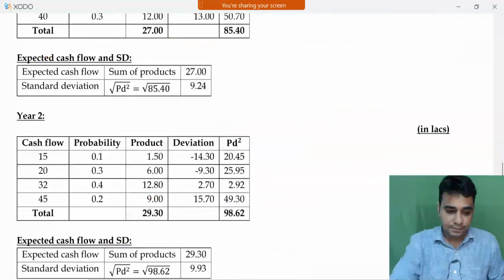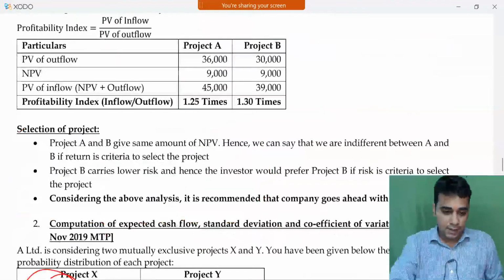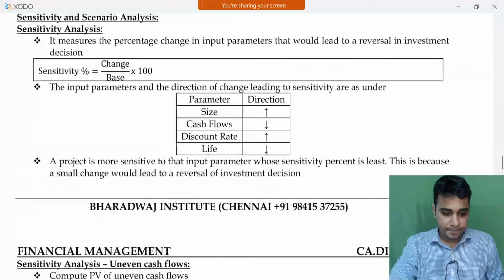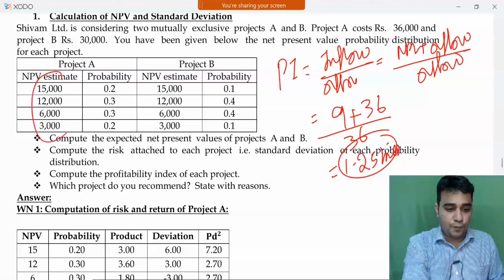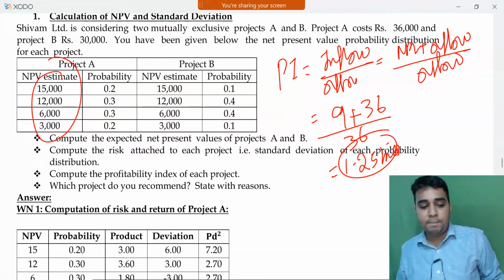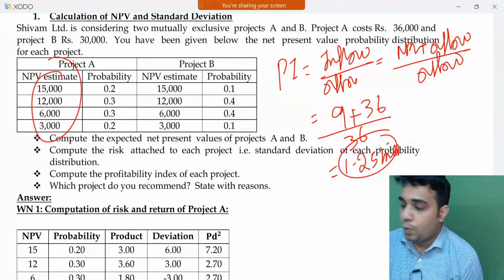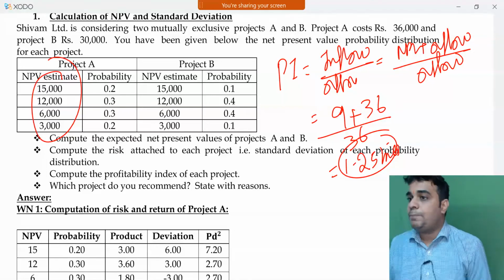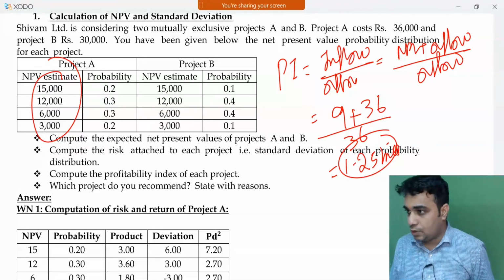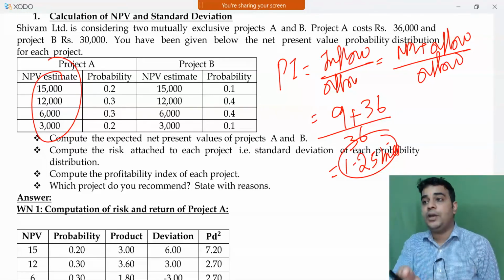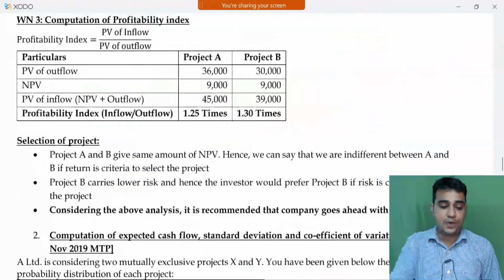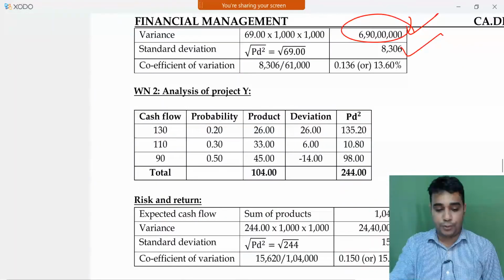For example, question 1 which we had had 4 NPVs in the question. So I can say best NPV is 15,000, worst NPV is 3,000, and the probable NPV is what you had calculated. So all that is possible. If I tell you to give me the best case and worst case for question 3, you cannot give because you did not follow that approach.